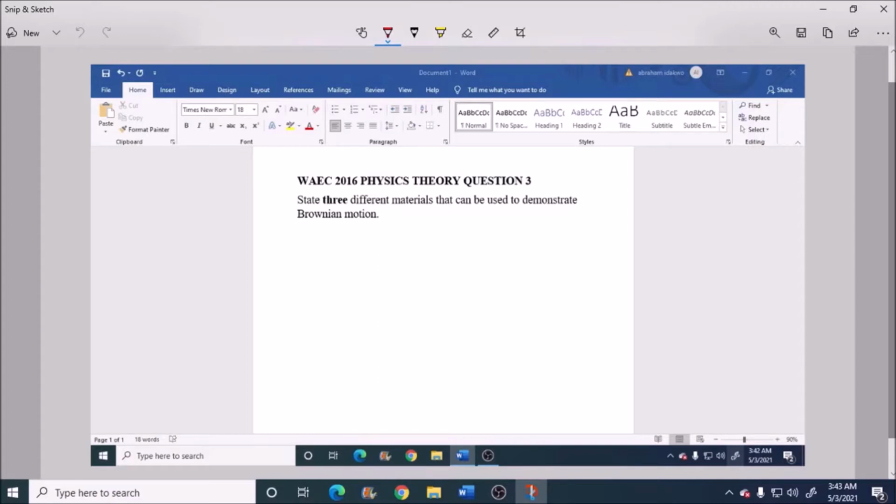State 3 different materials that can be used to demonstrate Brownian motion. Now, Brownian motion is one of the evidence of the particle nature of matter, and Brownian motion has to do with the movement of tiny pollen grains, the way they moved in a zigzag path even though the water appeared to be perfectly still.